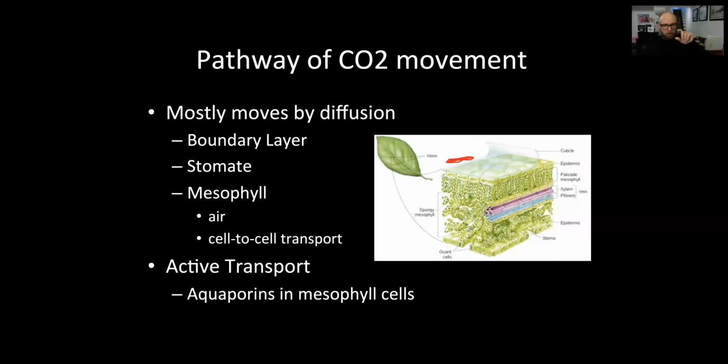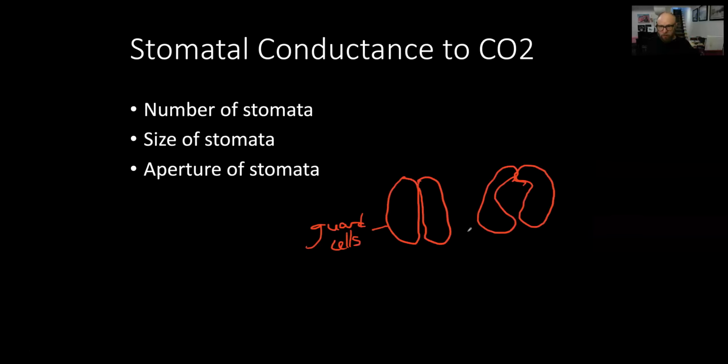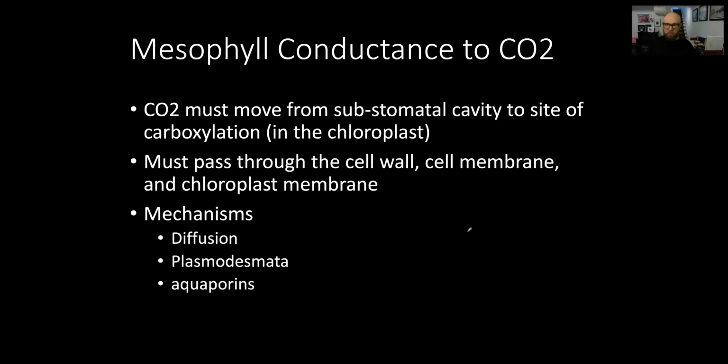And then once the CO2 gets to a point that it's going to enter a cell, there's several different processes for that molecule to get into the cell. And let's go back to this other slide here on mesophyll conductance. So as I just said, that CO2 has to move from the substomatal cavity in the leaf, so just inside the stomate, and get to a cell where it's going to enter that cell.